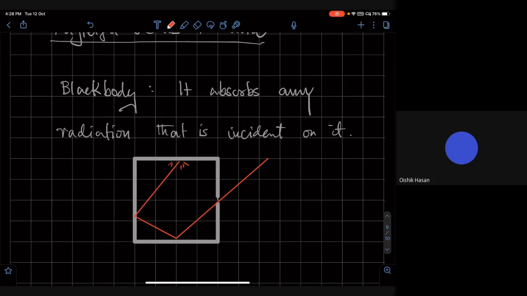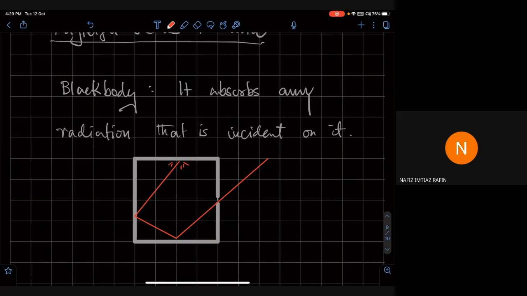I want to ask something, as the question of the sun came up. If the sun is approximated as a black body, we know that the sun emits certain wavelengths of light at a higher intensity than others, like the yellow region is emitted with more intensity than any other region. Is that an issue? Does it contradict the definition of a black body?